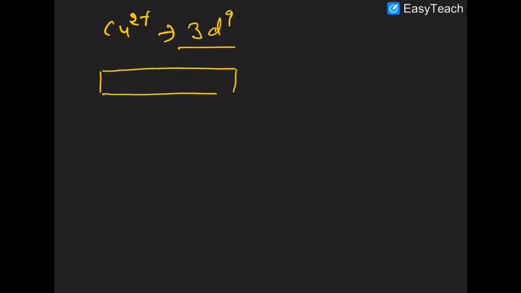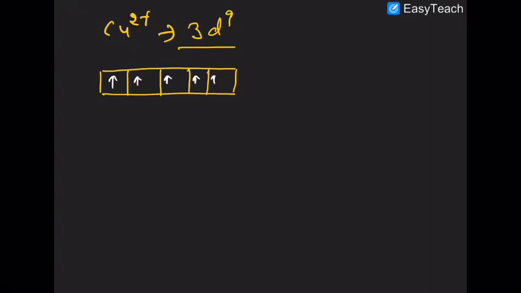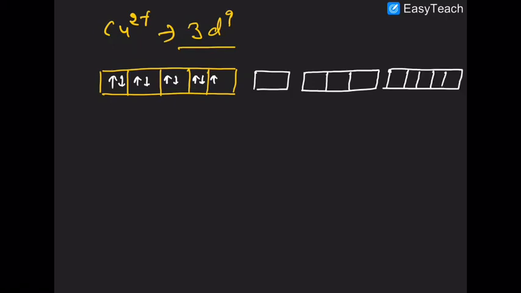Now if you draw that configuration 3d9, you will get 1, 2, 3, 4, 5, 6, 7, 8 and 9. Now this electron cannot be used.